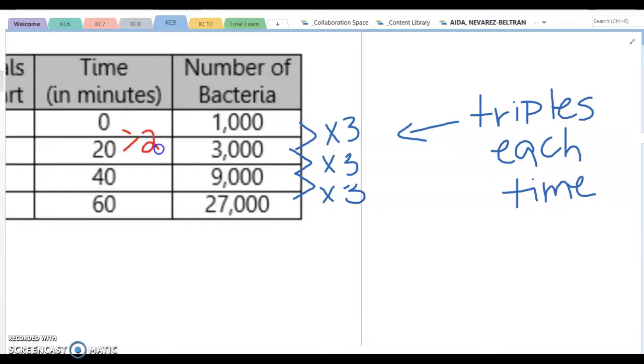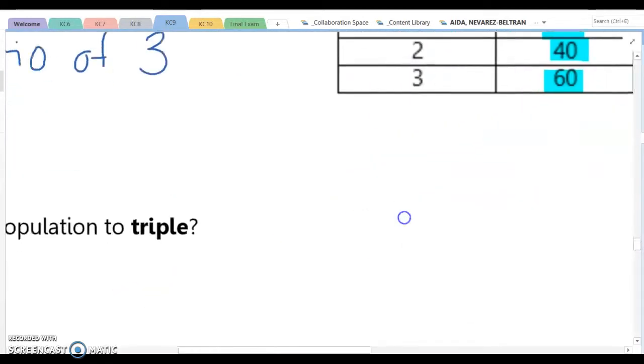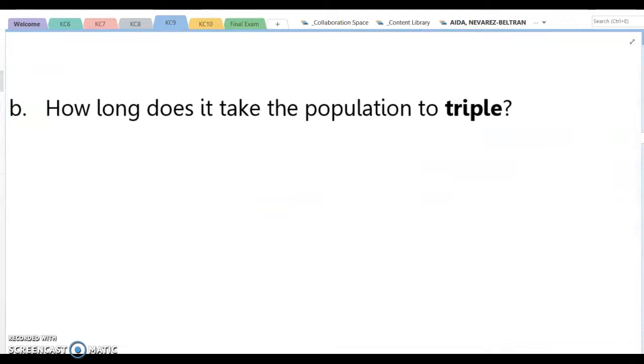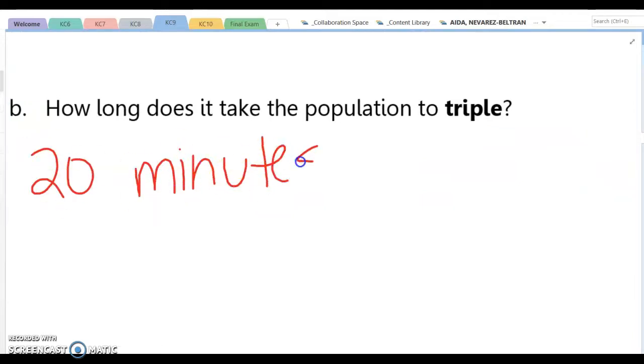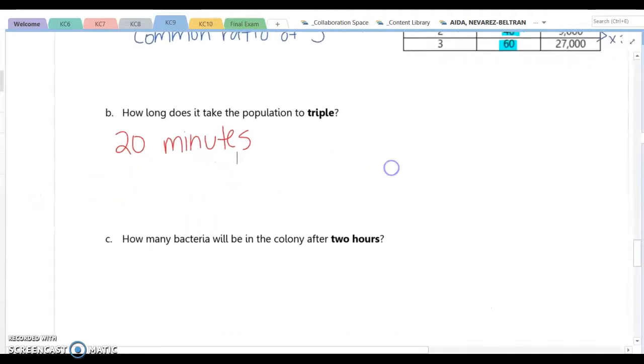So we go from 0, 20, 40, 60, so it's going up by 20 minutes each time. So that means it only takes 20 minutes for the population to triple.